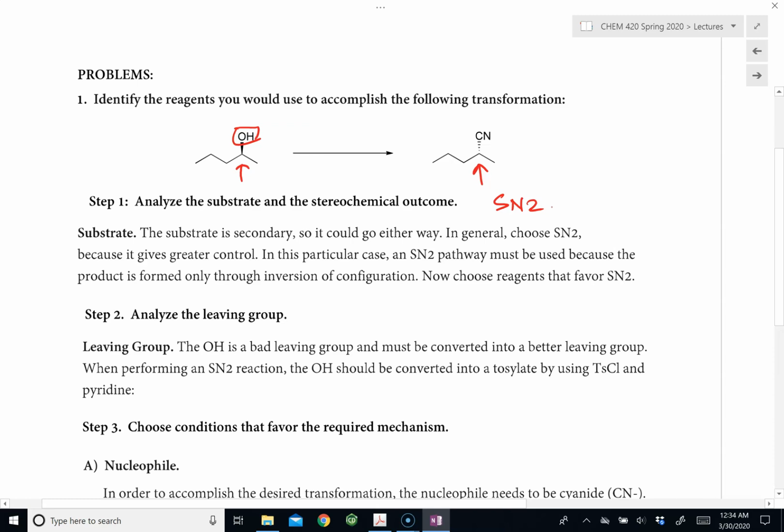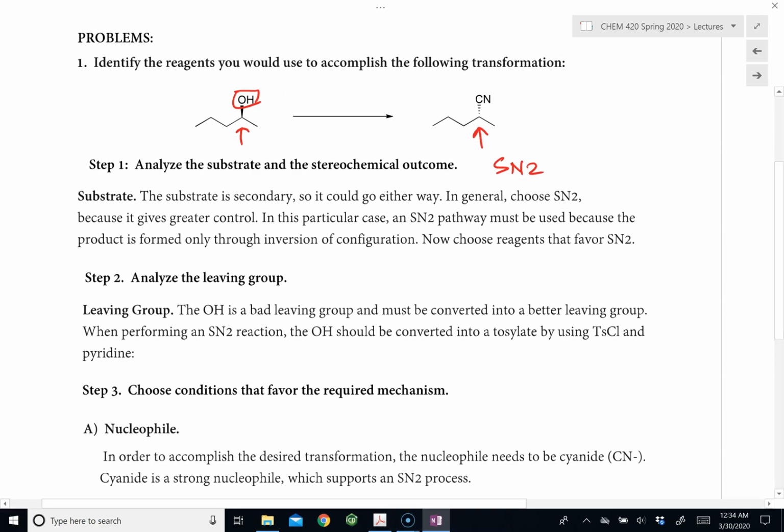And second, now analyze the leaving group. In this case, is the leaving group good on its own, or does it need to be protonated? We have learned already that a hydroxy group or alcohol is not a good leaving group. So it has to either be one, protonated, or second, converted into another functional group that would make it a better leaving group, which is the tosylate group.